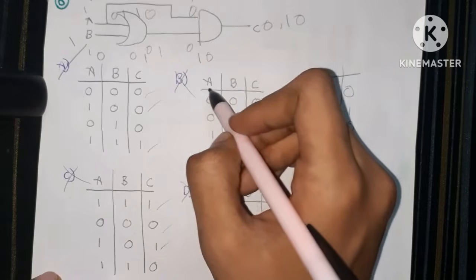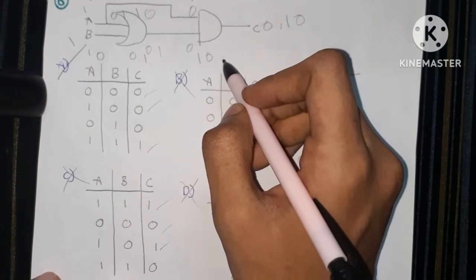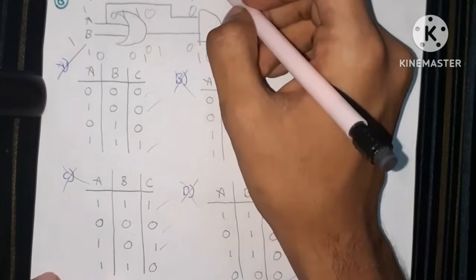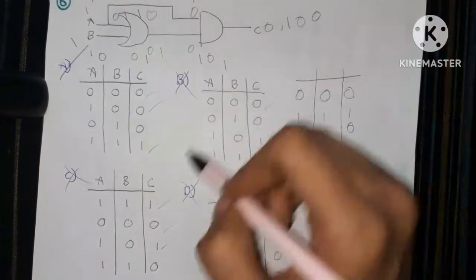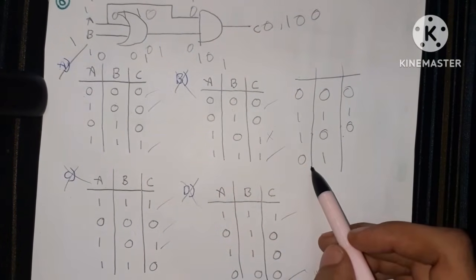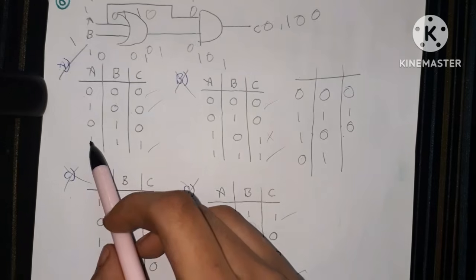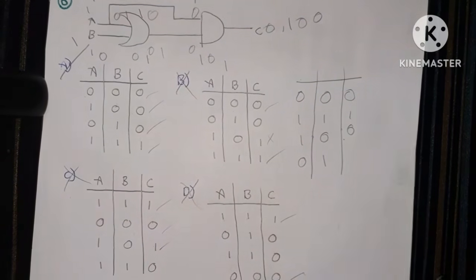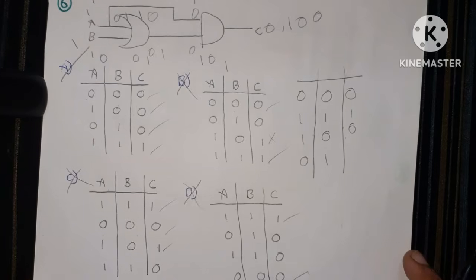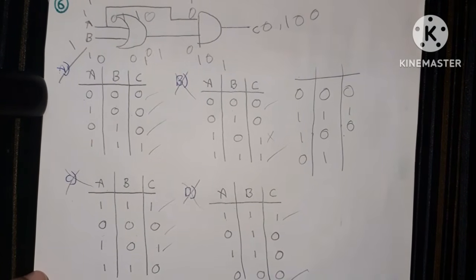Next 0 and 1 is 1, and 0 and 1 should be 0. So what we have taken is 0 and 1, and 0 and 1 should be 0. Yeah, we got it. Option A is correct. This is the method you need to use to approach the question.